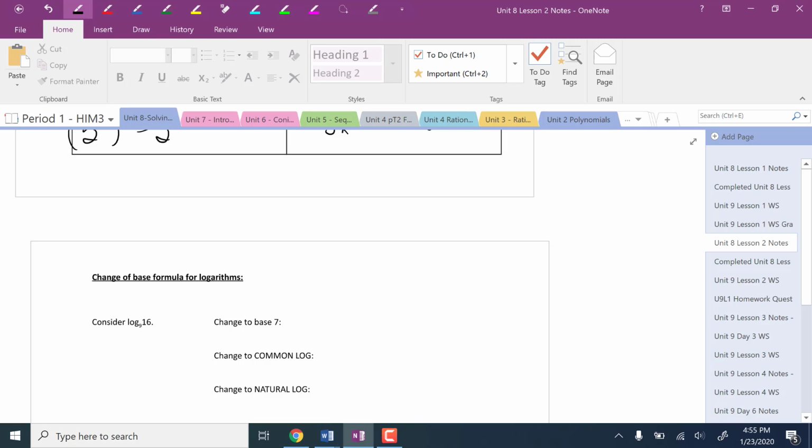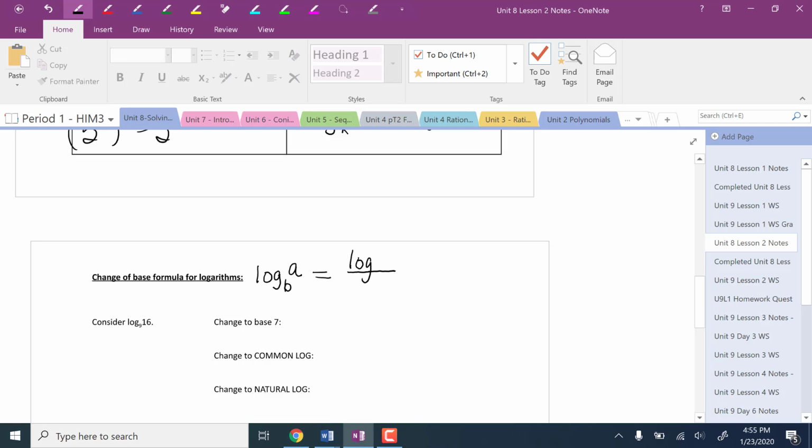So what you needed to do is change every log that was not base 10, a common log, or base E, to that base to evaluate it. And you did that using this formula. So we have log base B of A can be rewritten as the quotient of 2 logs in a different base.